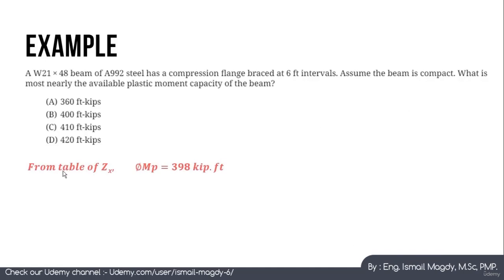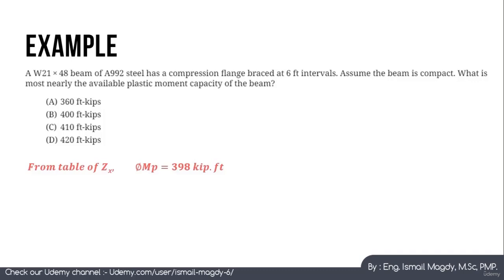So simply we are going to say that from the table Zx, the phi MP equals 398 kip-feet. As you can see, this is very simple and very direct. You just need to know which table you need to refer to, and this is using the tables and the equations method.